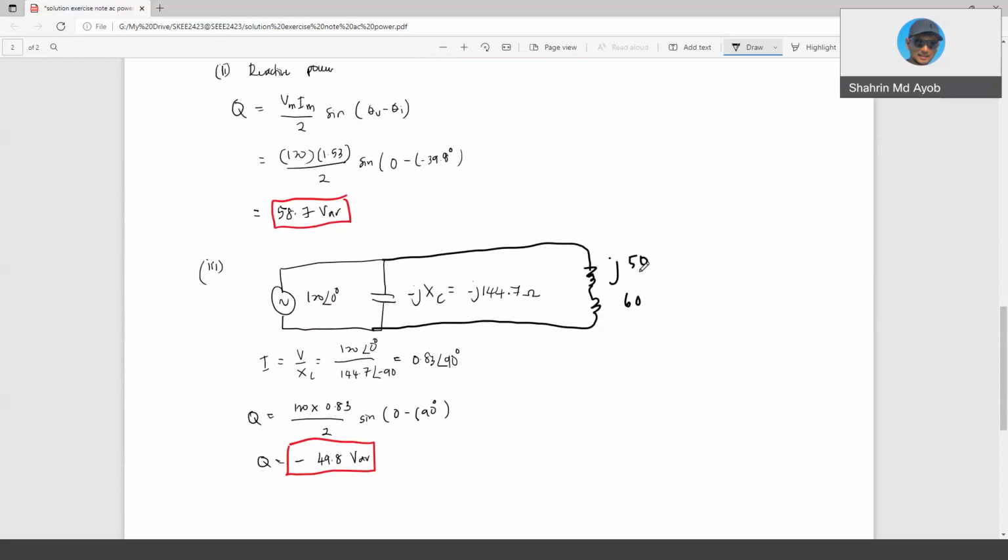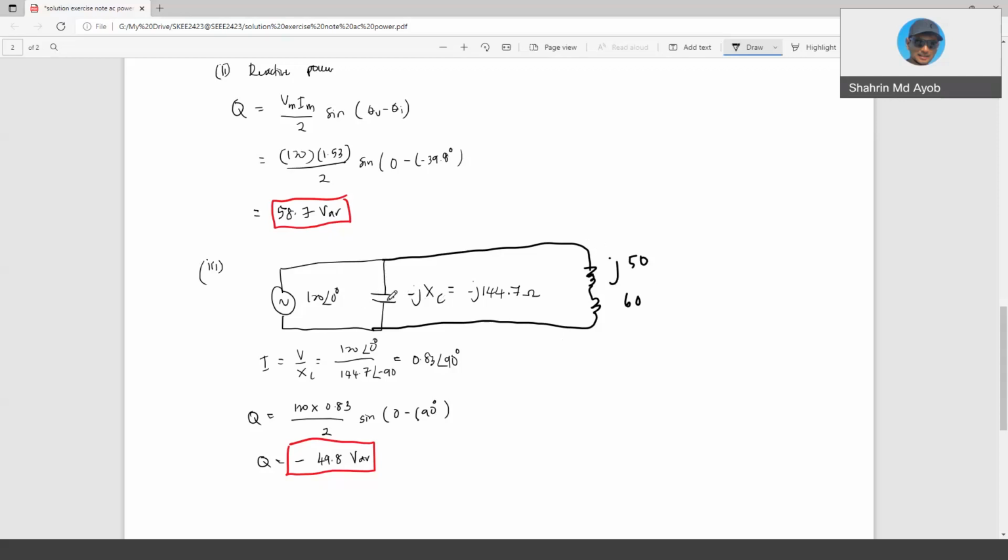So how can you calculate the Q supplied by this capacitor? To obtain that, you need the voltage and also the current.